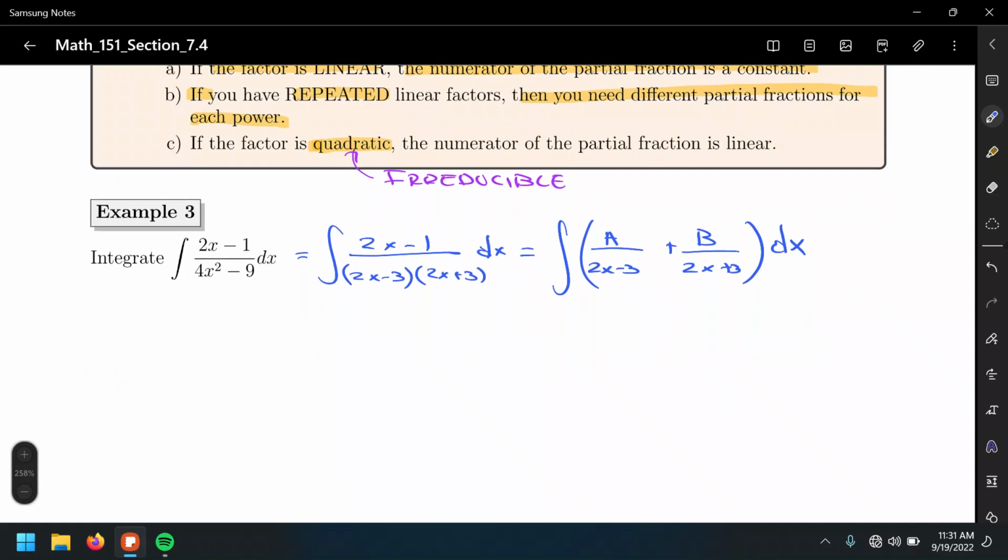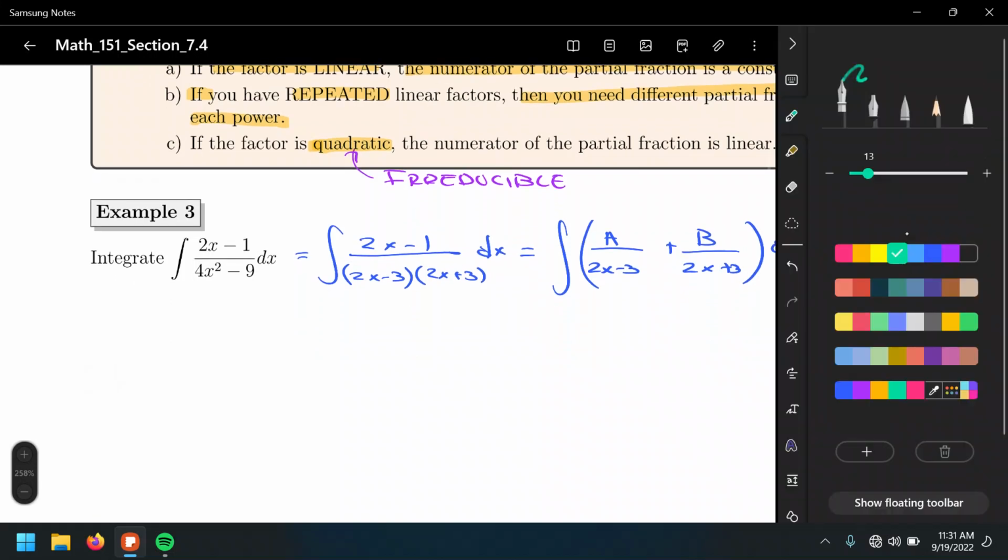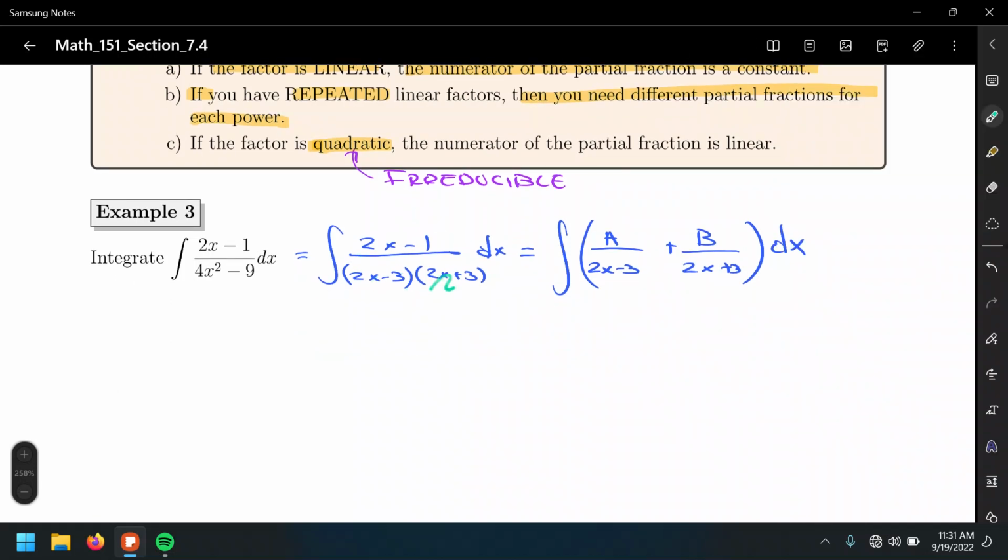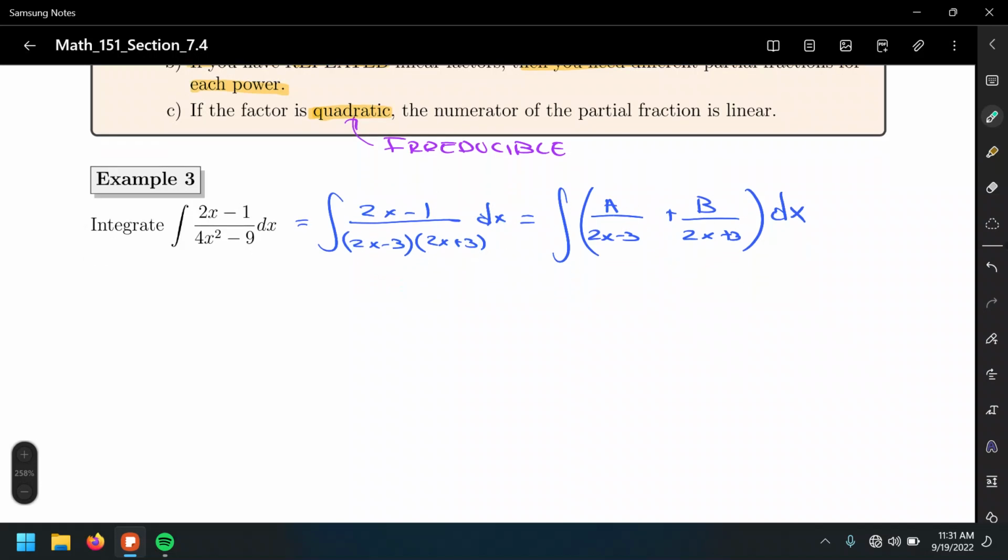Let's set the quantity in the previous step equal to the quantity in this last step. Set it up like an equation and simplify it in order to find those constants A and B. So let's write (2x minus 1) over (2x minus 3)(2x plus 3) equal to A over 2x minus 3 plus B over 2x plus 3.